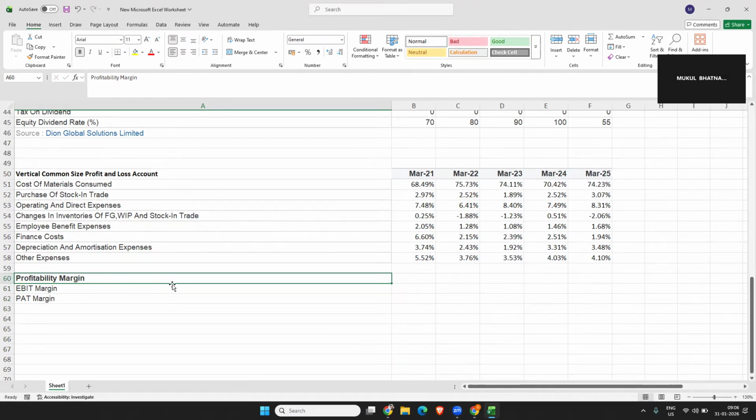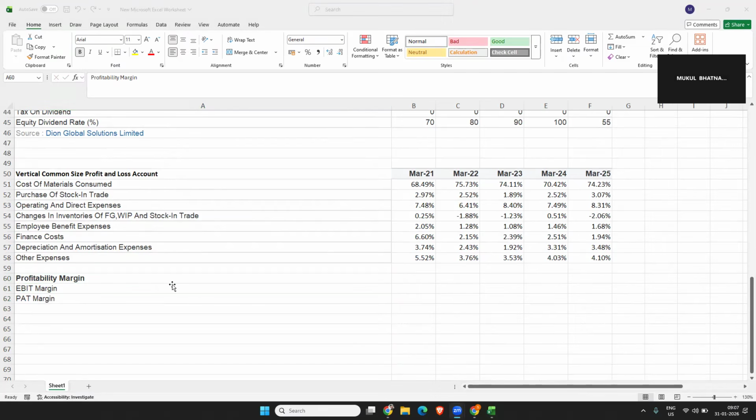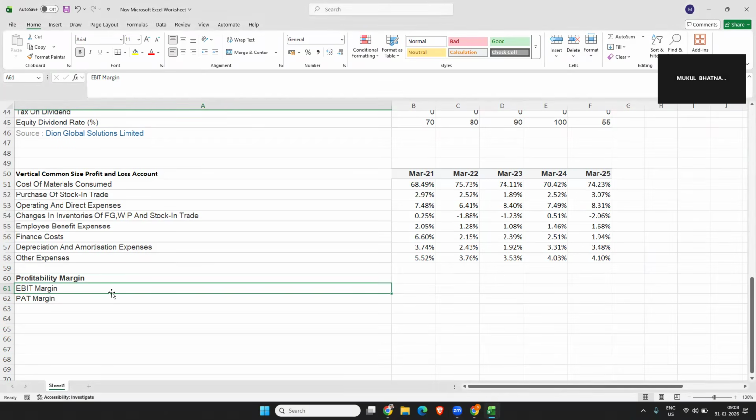Now, for the purpose of calculating these two margins, it is necessary to divide two things. I'm writing the formula for reference here. So the formula is EBIT margin, that is equal to EBIT divided by revenue.